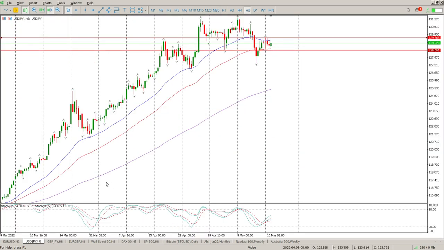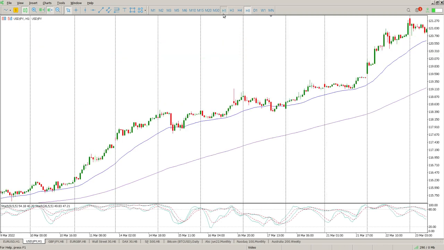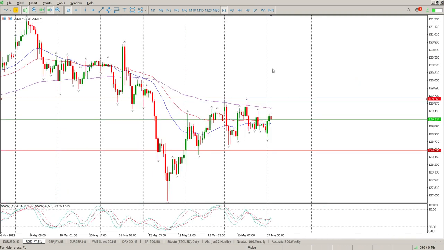Moving on to US dollar Japanese yen, same thing happening here. We're still just hovering around here, and I suspect this trend is going to continue. These two levels that we were looking at yesterday are still very much in play. Basically, we're looking for a break above 129.665. A break and retest of 129.665 is opportunity for long.